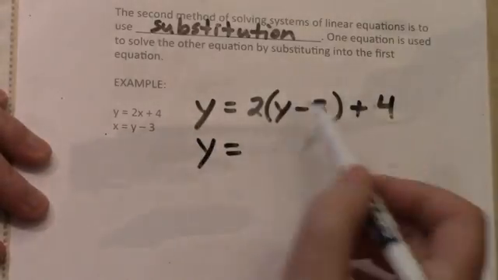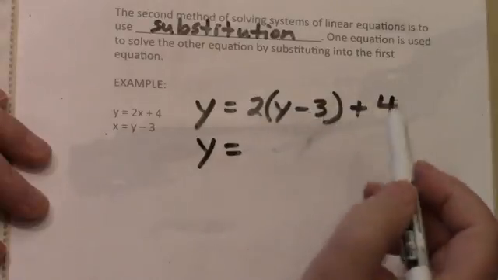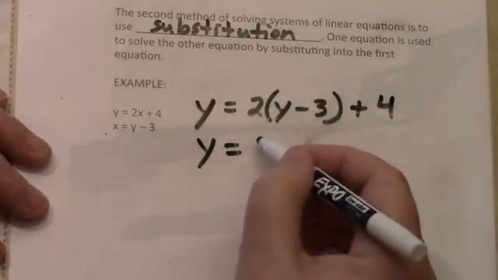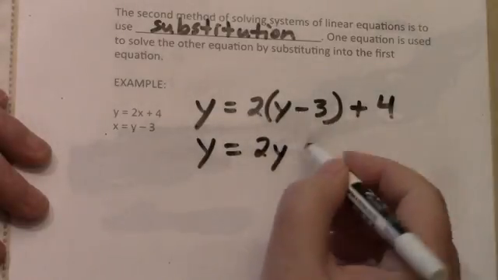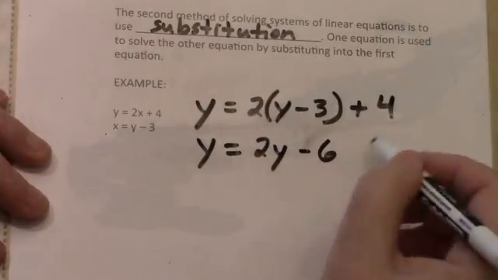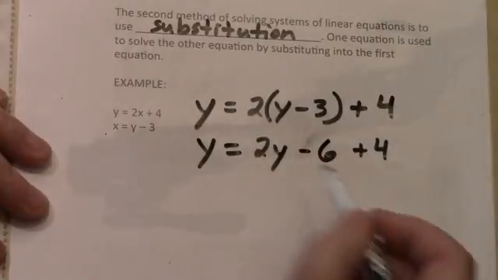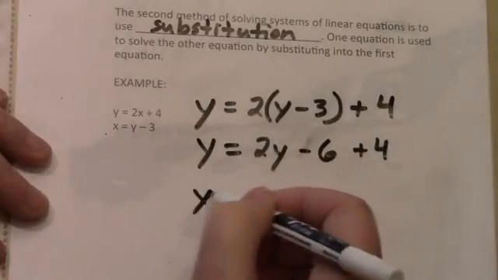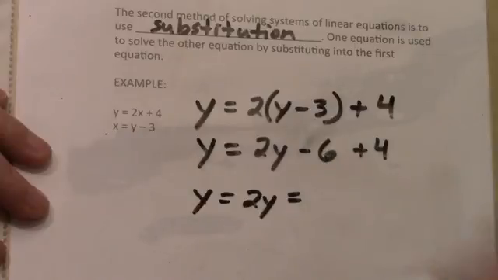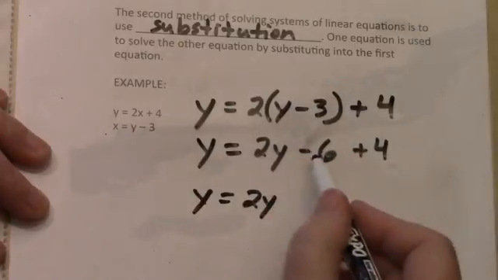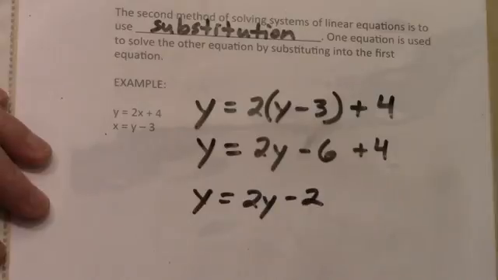Y equals, and now I'm going to multiply using the distributive property. 2 times y is 2y, and then 2 times negative 3 is negative 6, and then I'm going to add 4. Now I'm going to combine what I know over here. Negative 6 plus 4 is negative 2.